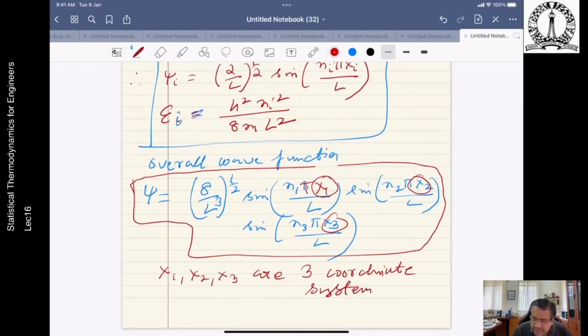And n1, n2, n3 are three distinct numbers that we are dealing with.